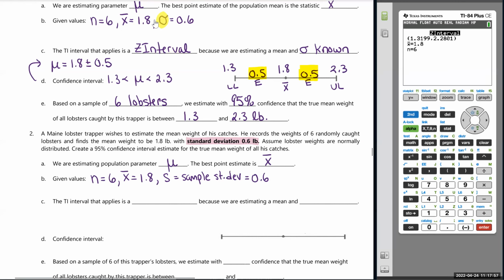So S, sample standard deviation, and in this case, again, 0.6 pounds. So the given information is similar, but we don't know sigma. So we don't know something about our population. Therefore, we're going to end up seeing bigger margins of error in our estimating.